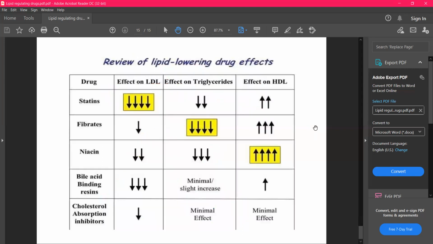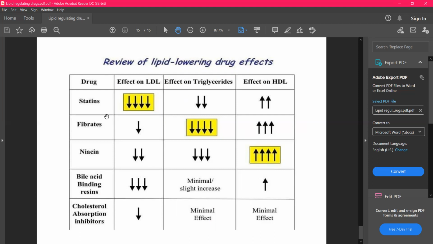So the summary, we've come to the final slide of our presentation. The final take-home message is that out of all dyslipidemias, hypercholesterolemia is the most important because of the risk of atherosclerotic cardiovascular diseases. The most effective cholesterol reducing drug for the majority of the population would be statins.